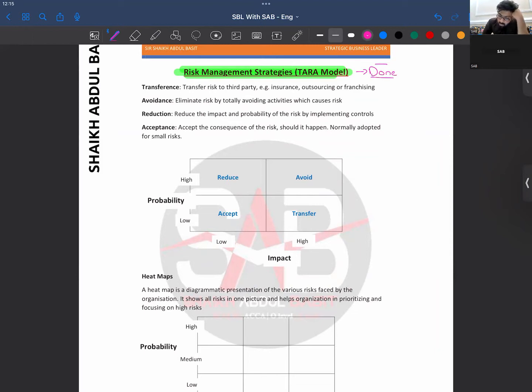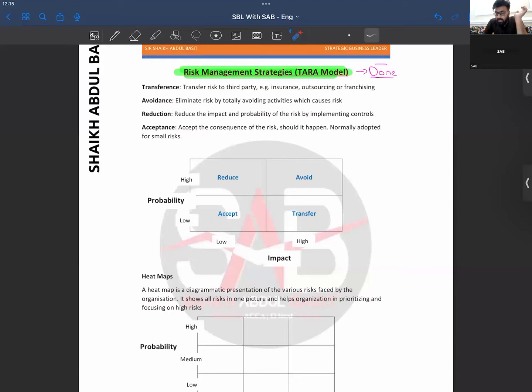Now, what does the TARA framework tell us? It suggests 4 strategies: transfer, avoid, reduction, and accept.